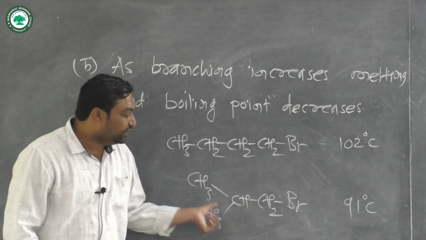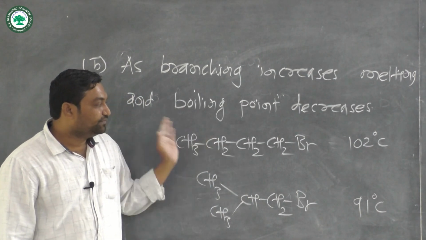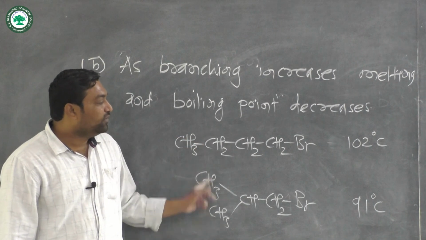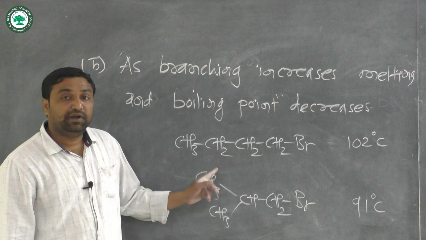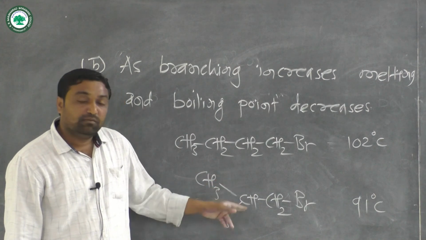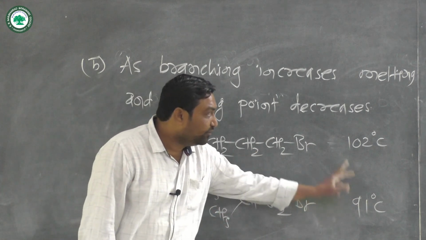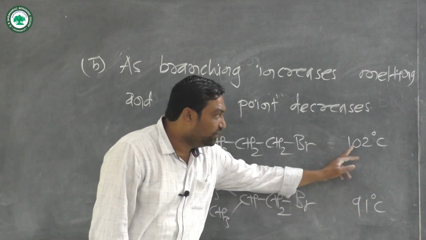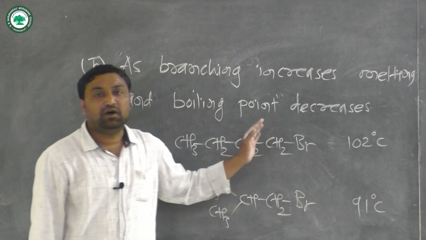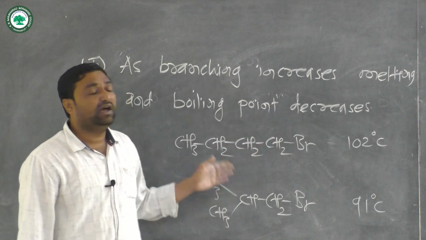Both these molecules have the same molecular formula, but due to branching, this alkyl halide decreases its boiling point from 102 degrees Celsius to 91 degrees Celsius. This is all about the physical properties of alkyl halides.